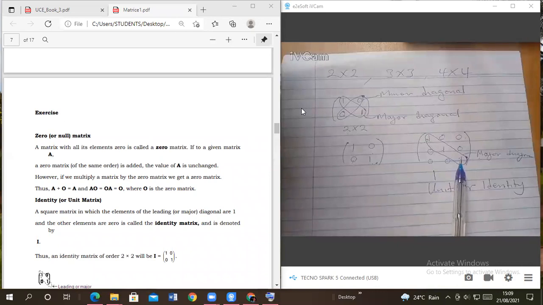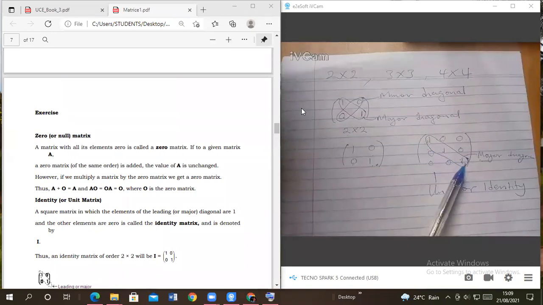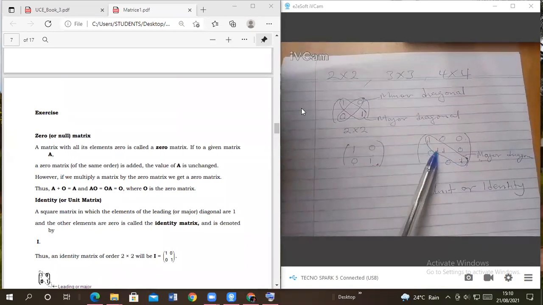In this major diagonal, you must have 1, 1, 1 as the entries.